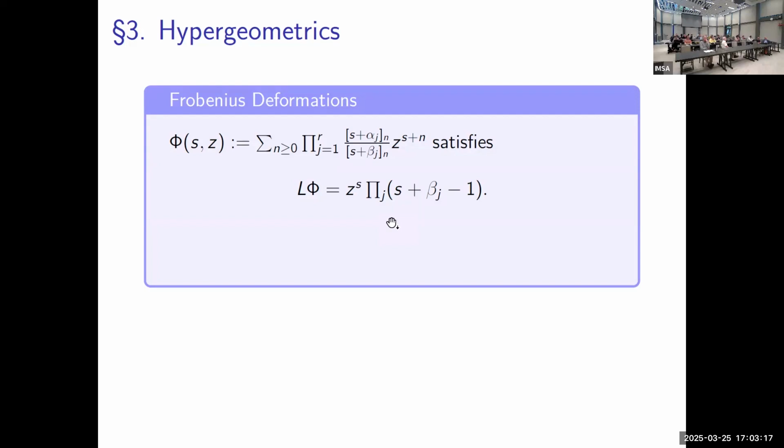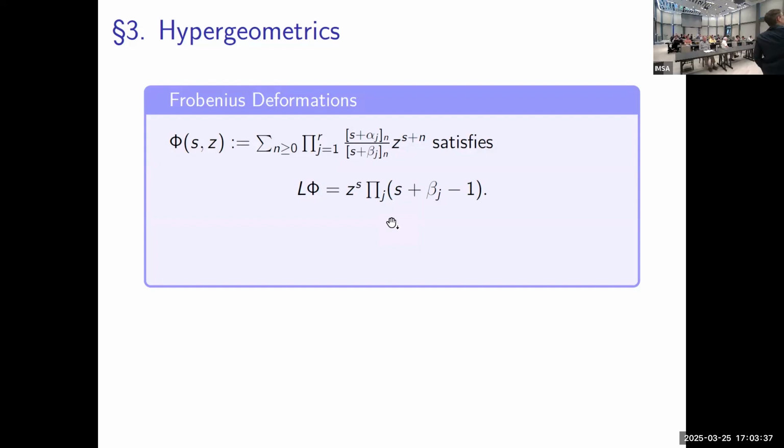In fact, if you do it right, it gives you Q-Betti periods. It gives you exactly the correct thing. So indeed, it gives you some sort of generating series of solutions to the Picard-Fuchs equation.